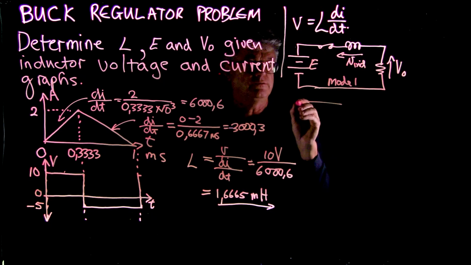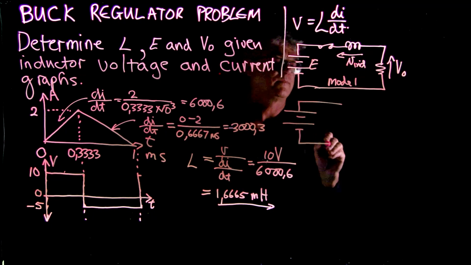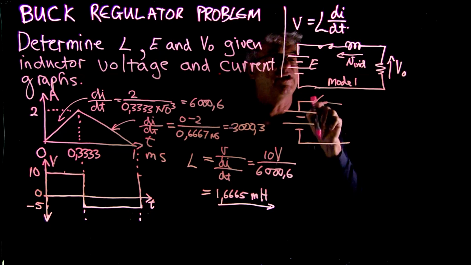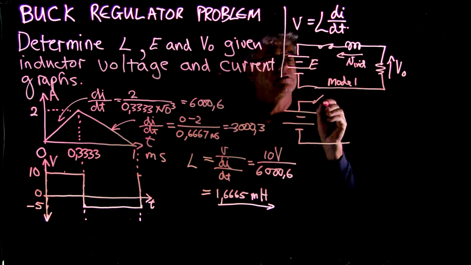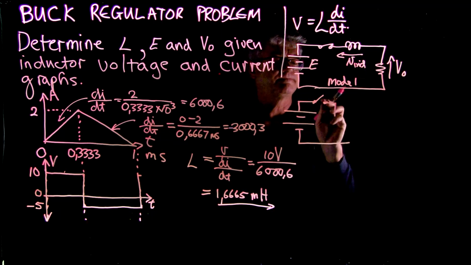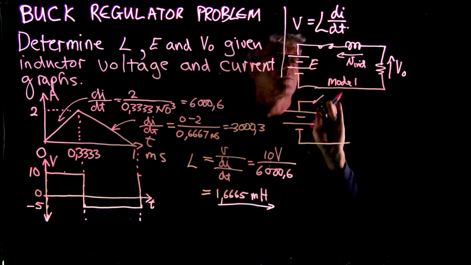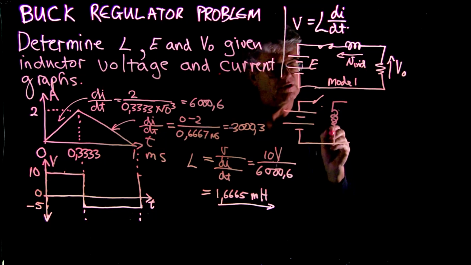During mode 2, the switch is open and the diode is closed, which now puts our inductor in this position here like this, since the diode was in that position there.